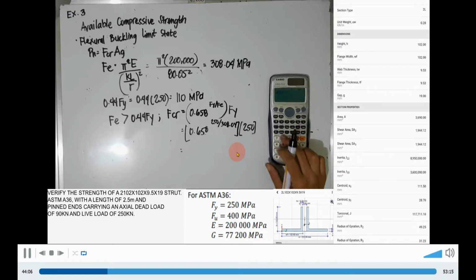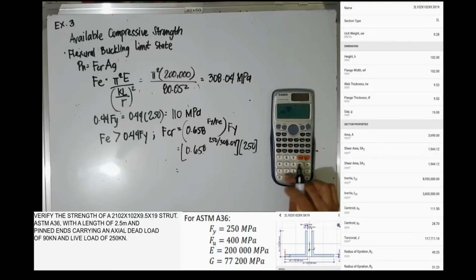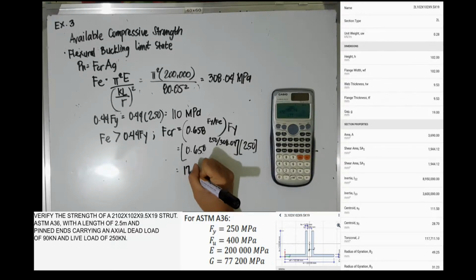So substituting the values, it is equal to 177.99. Oh, we can say that it is 178. We can round it off to 178 megapascal.